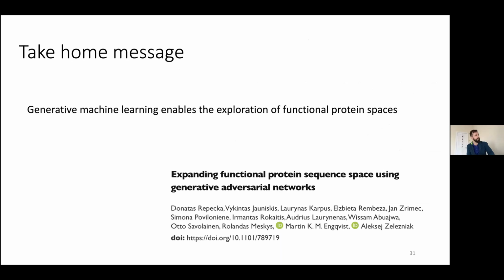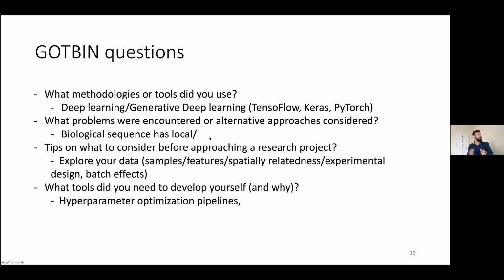So this was the first generative machine learning model of proteins, and hopefully it will soon be published. So asking these questions, which were raised by the community.